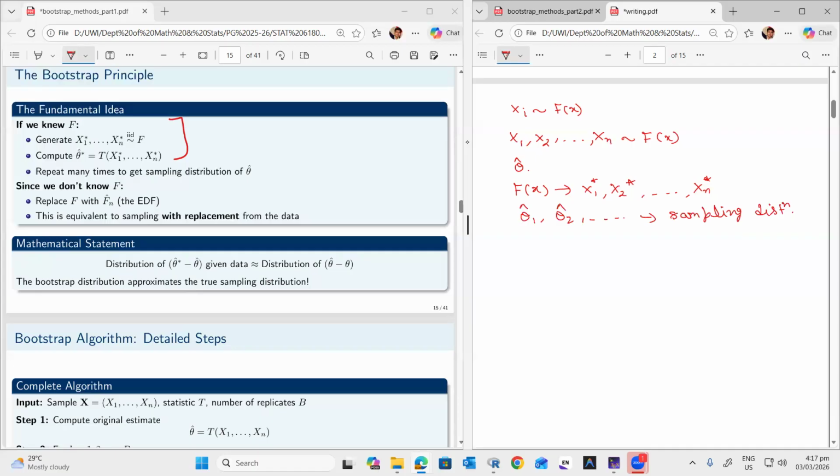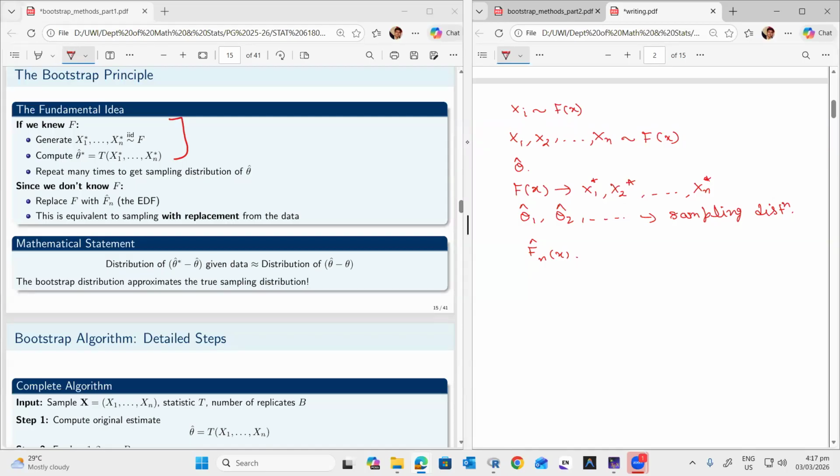But if we do not know F, our population CDF, then we need to plug in the empirical CDF, that is, F cap n(x). All right. So what we need to do at that time is replace F with Fn cap, the empirical CDF, and this is equivalent to sampling with replacement from the data.